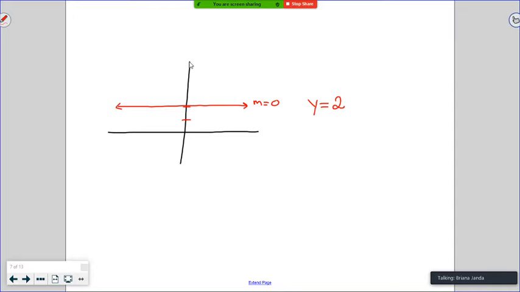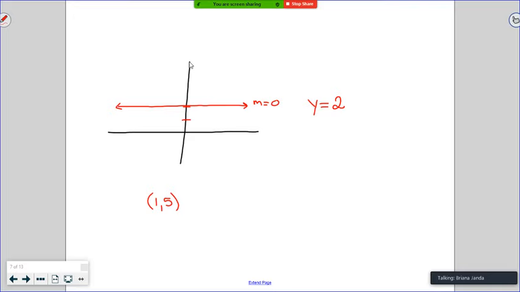What if I asked you that I wanted you to be perpendicular to that line through the point 1, 5? Okay, well, first of all, what kind of a line is perpendicular to that? An undefined slope, vertical line, right? And if it's an undefined slope and a vertical line, what's the equation look like?